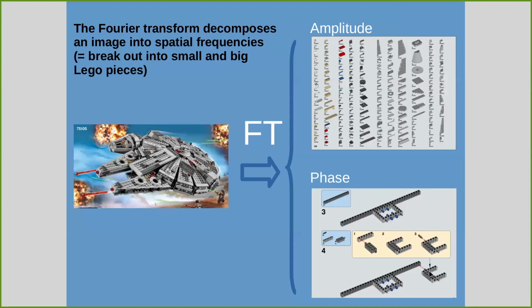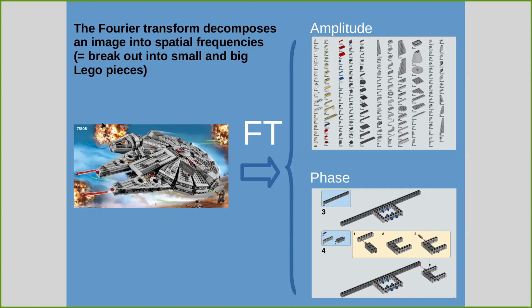Okay, because it maybe is a little bit tricky to think in terms of visibilities, Fourier space, and things like this, I will try to give an analogy. What the Fourier transform is doing is to decompose your image into spatial frequencies. And the analogy I want to share with you here is about Lego. Maybe we all played Lego when we were young.